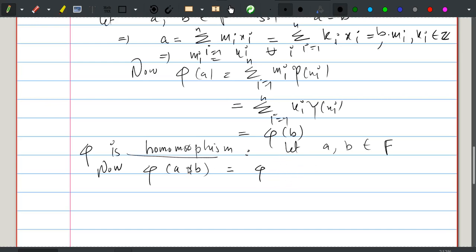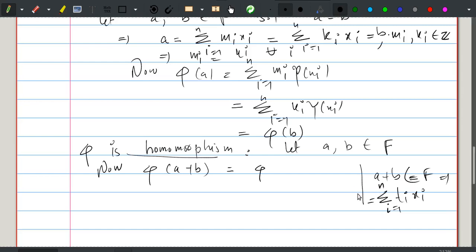Now this a plus b is also an element of F. So this element can be uniquely expressed as the sum of ti xi, because a plus b belongs to F. This implies this is equal to the sum of ti xi, where ti is in Z, and the sum runs from 1 to n.